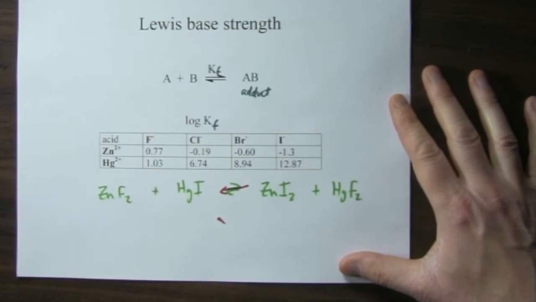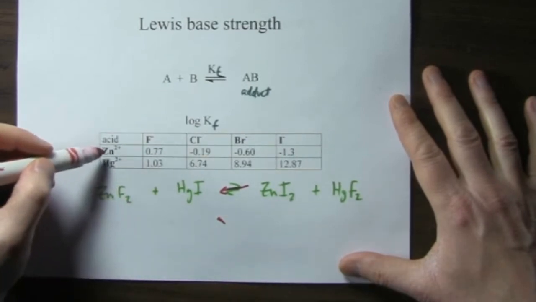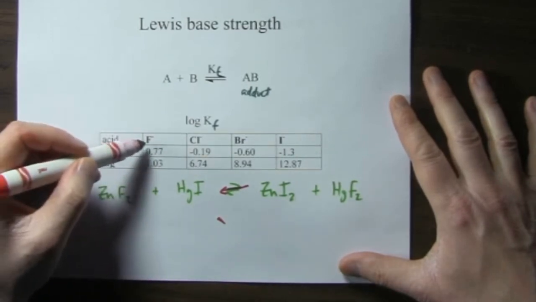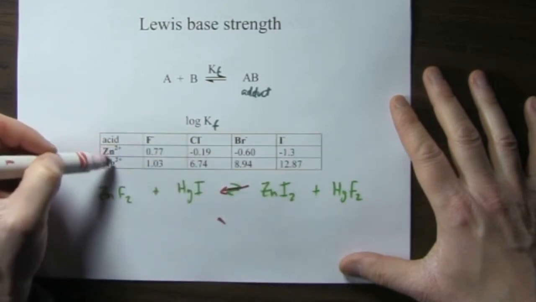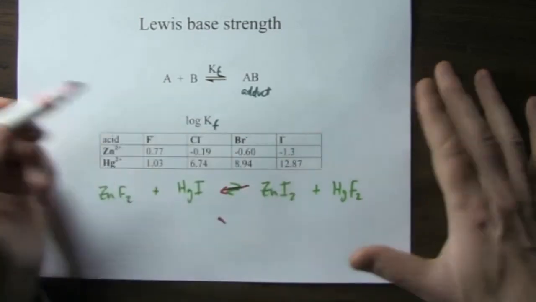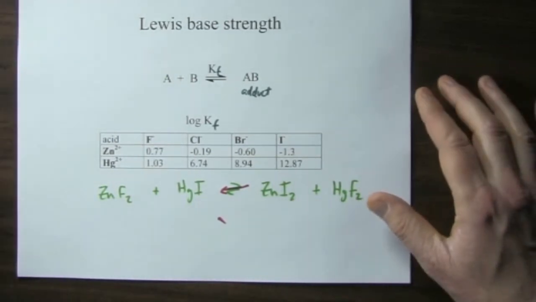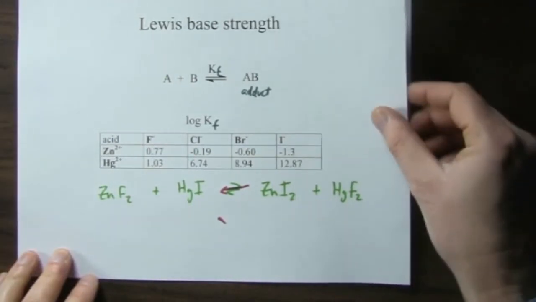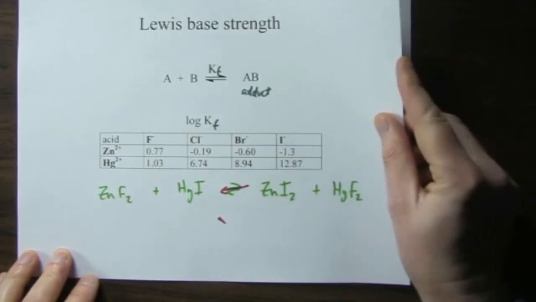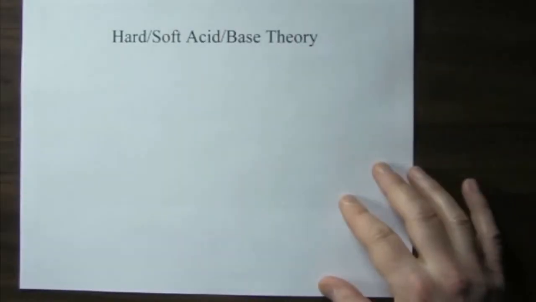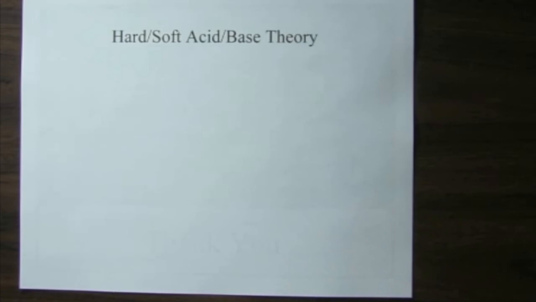So, how can we explain why these trends are the opposite? We have two acids, we have the same set of bases, and we get completely different trends. And this was explained by hard-soft acid-base theory, or HSAB.